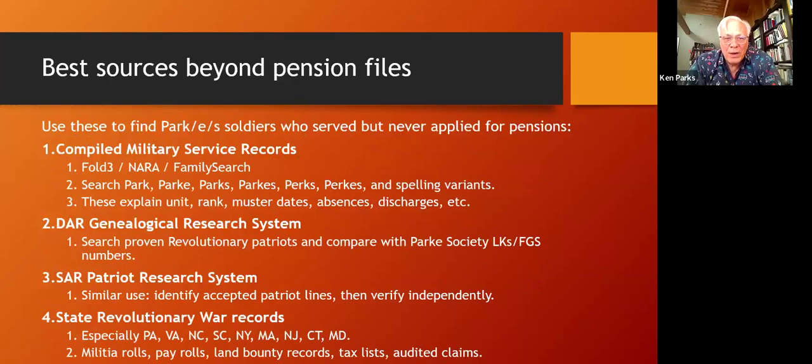So where do we find those sources beyond the pension files? Well, we're looking basically at compiled military service records, CMS records, and as we mentioned, they're at Fold3, which is a paid site. They're also available at NARA, which is the National Archives and Records Administration.